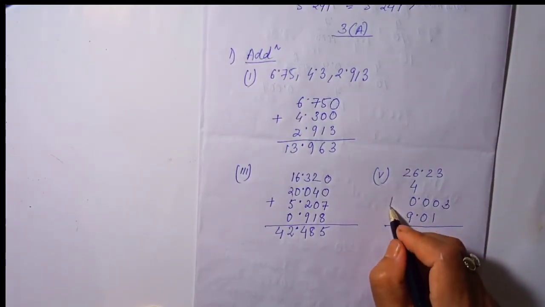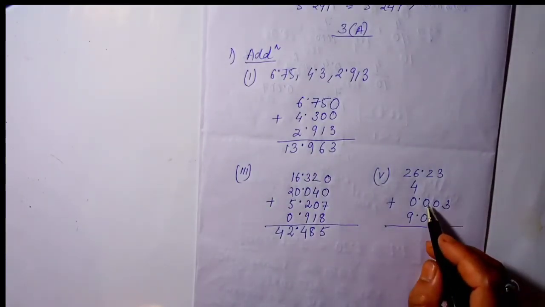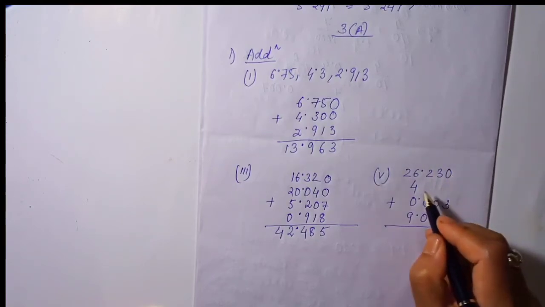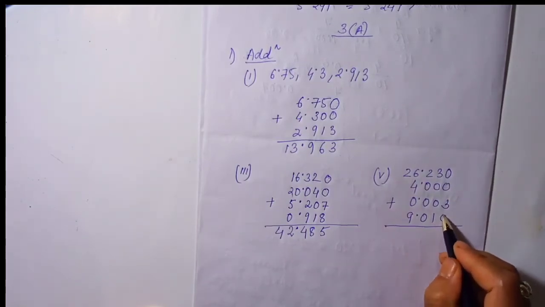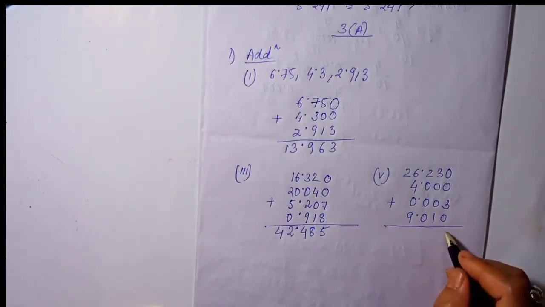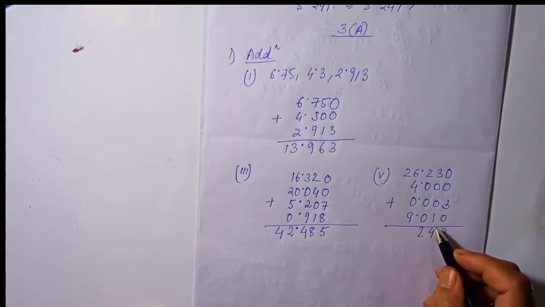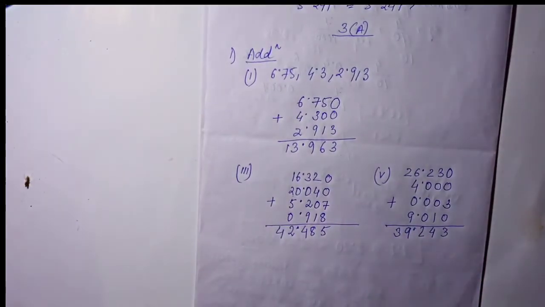Now see, before adding we have to make them like decimal numbers. So see, the maximum number of decimal places is 3, so make every number have 3 decimal places. So simply add this. It will be 3, this will be 4, this will be 2, this will be 19, this will be 3. See, 39.243 is the answer.